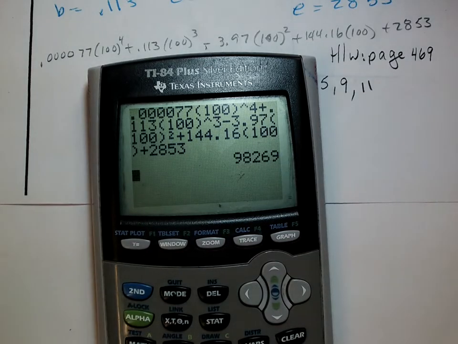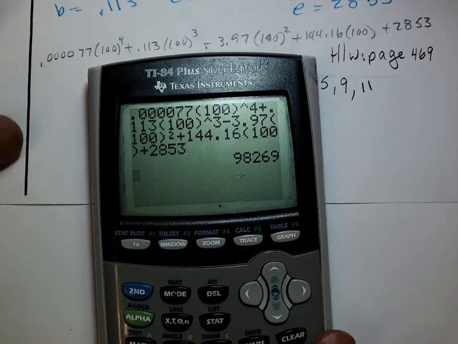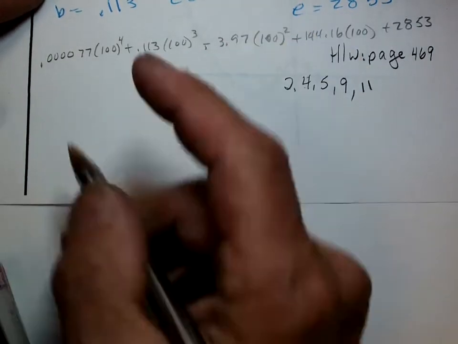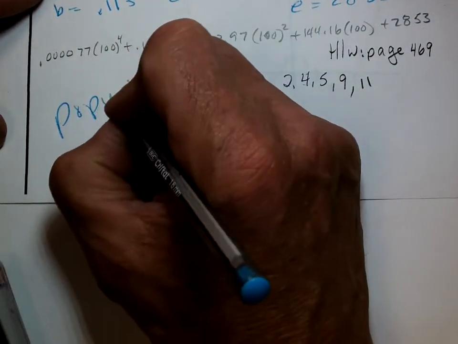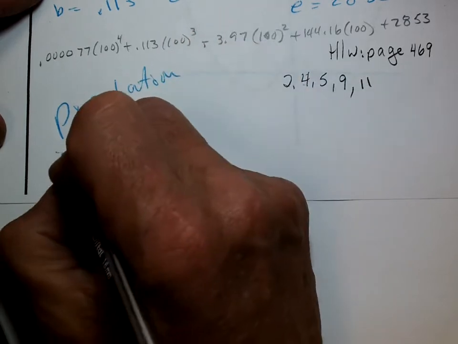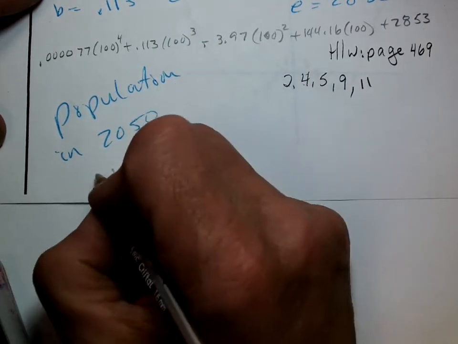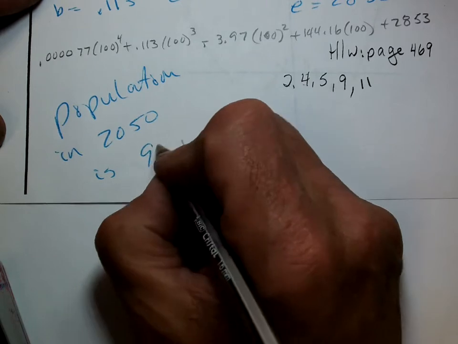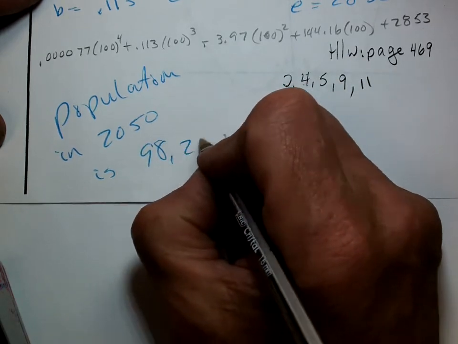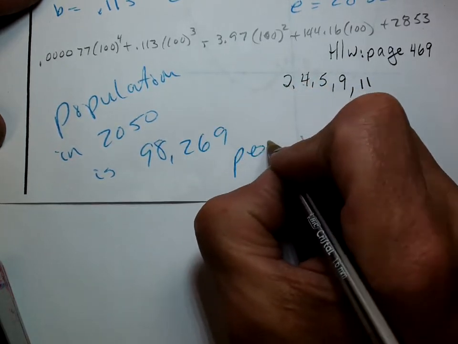Boom. About 98,000. Wow, that's weird that came out even. Yeah. Wow. What are the odds of that with all those decimals? Okay, so my population in 2050 is about 98,269.